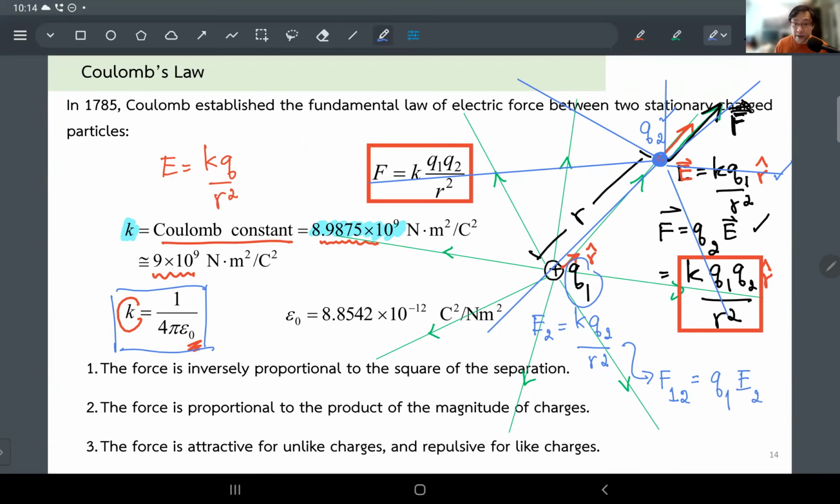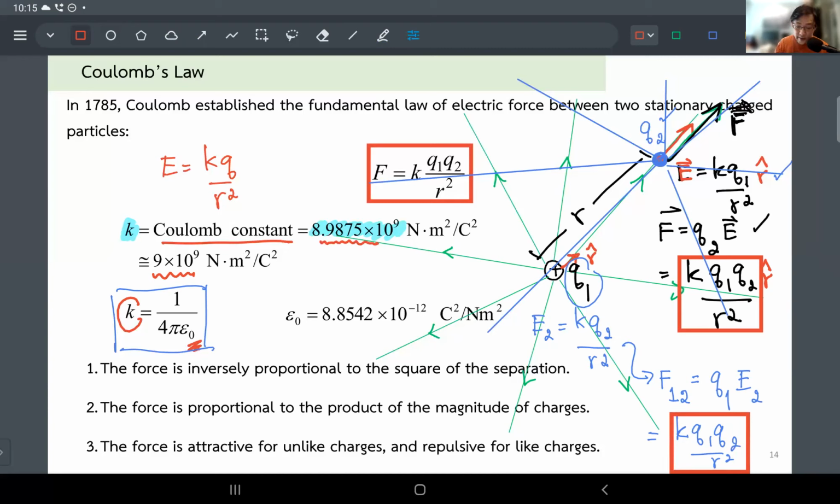Okay, so far so good. And now I place everything into this equation. It will look like K Q1 Q2 over R squared. Can you notice something here? It's exactly the same as the Coulomb's law that we just wrote. Same value. So these 3 red boxes are exactly the same.